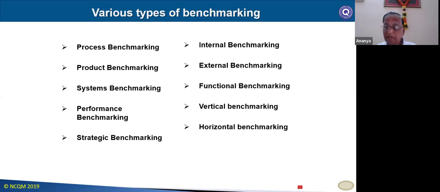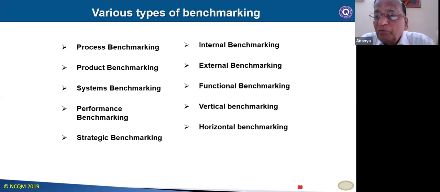Internal, yeah. Internal, that also can be company to company. Suppose I have a plant, Kirloskar, or Toyota, with 2 plants, one at Bangalore and another at some other place. So we can do benchmarking between one factory and another factory also. That is, start with the best, factory to factory benchmarking.